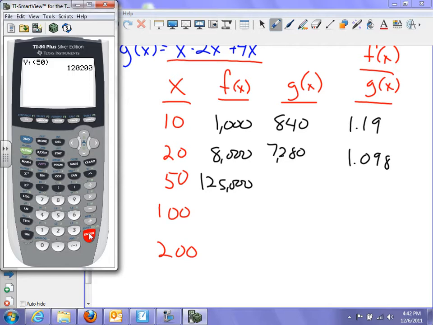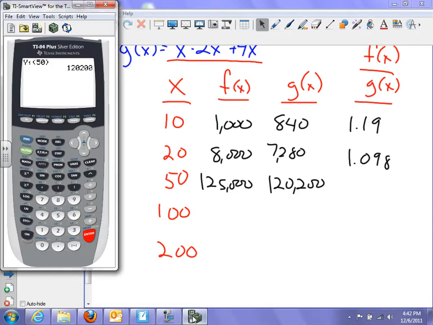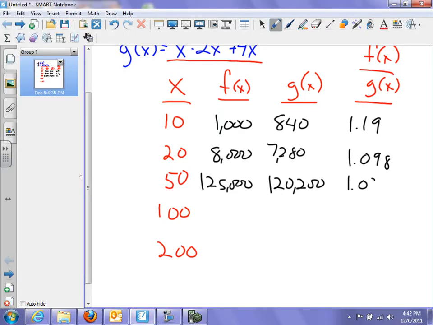That gives 120,200. So let's divide 125,000 by that number and enter: 1.039. So I can see that my numbers are getting smaller.